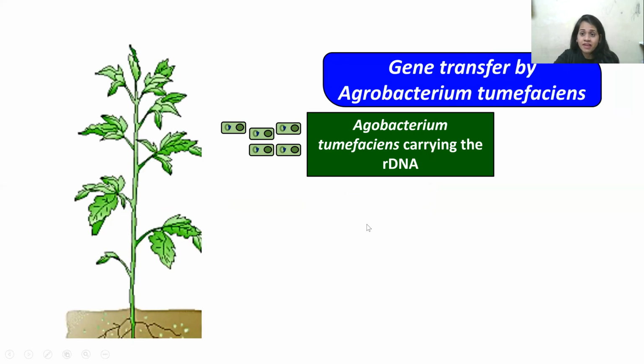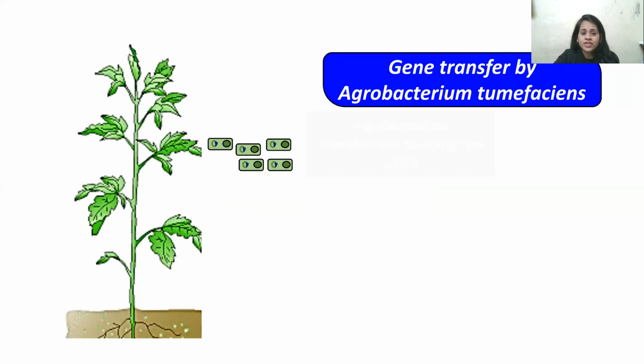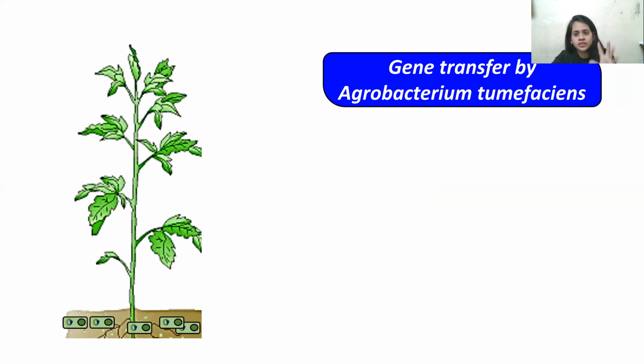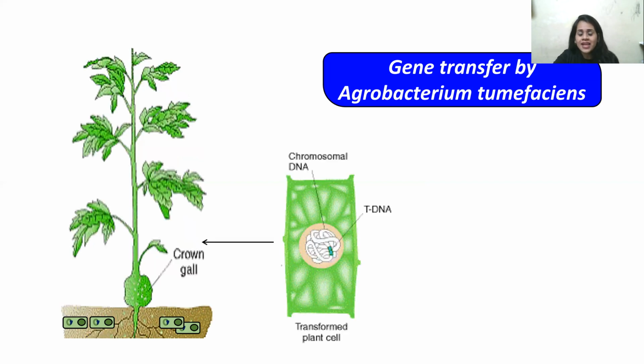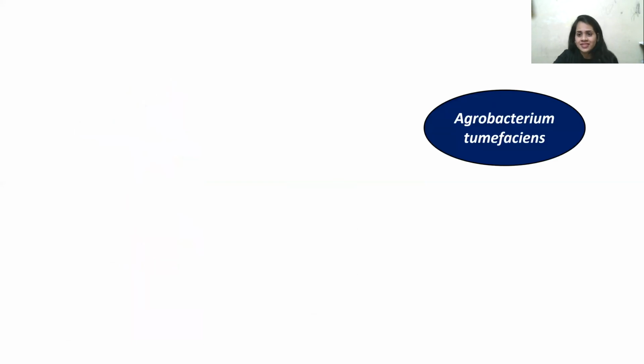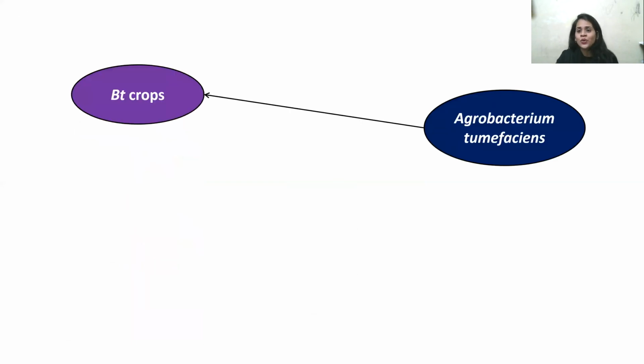Now we have to insert this recombinant DNA plasmid into the agrobacterium cell. Now it will silence this region and it will prevent the gall disease.